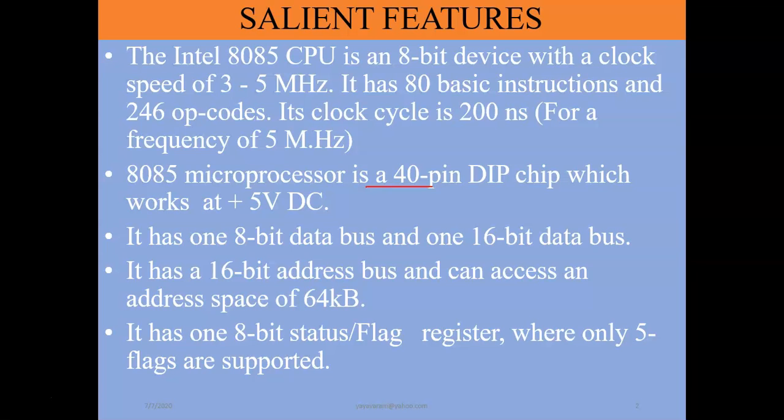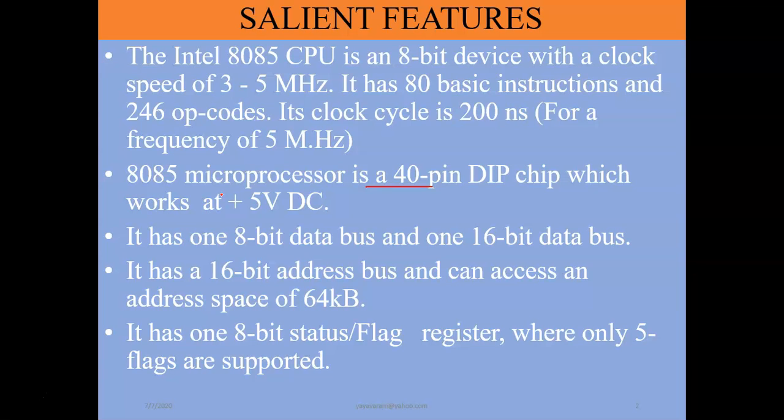Considering its salient features, the 8085 is an 8-bit device with a clock speed of 3 to 5 megahertz. Here I wish to tell you one interesting thing. The minimum frequency required for the operation of the 8085 microprocessor is at least 1 megahertz.